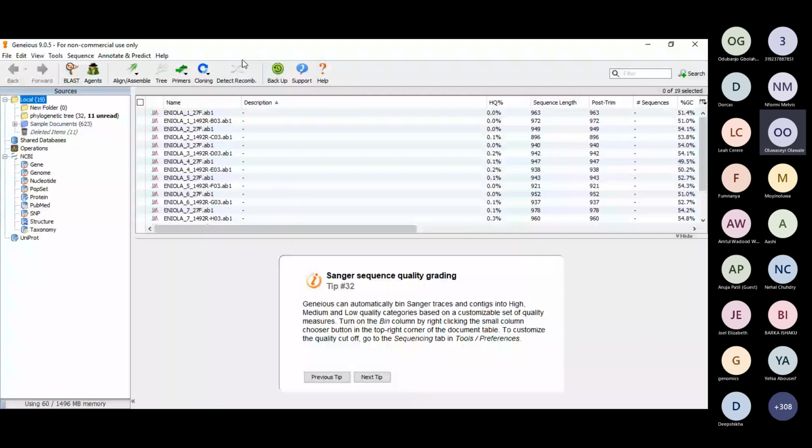At the end of this meeting, we are going to send you a link that you can use to download this version of the software and analyze data with it.